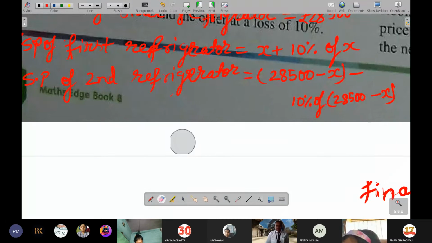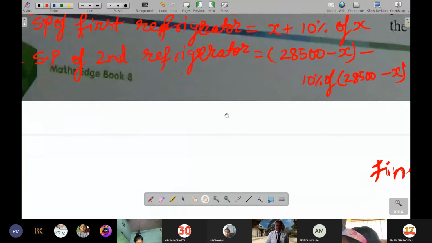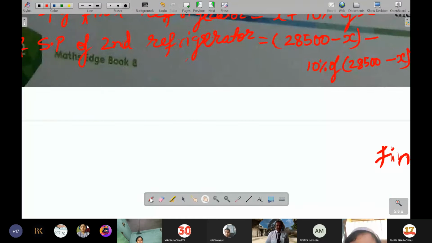So after that we will be writing now according to the question. If you apply CP and SP formula, then you may be getting.